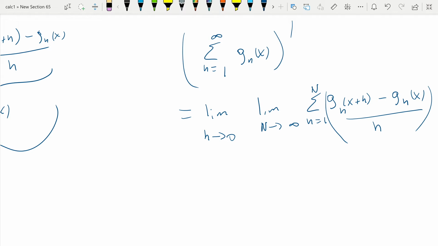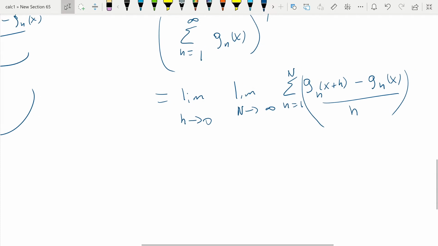What I'm saying is an oversimplification of things, but the idea is that if you can make sure that, for every n, the h that you need in order to not make a big error when computing this quotient, which is not really the derivative, can be made somehow uniform in x and in n, then you're done.